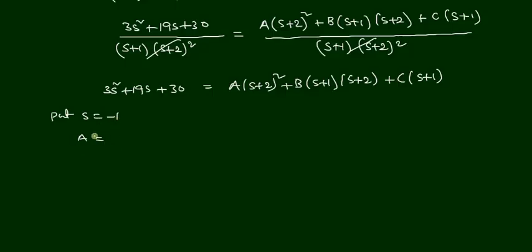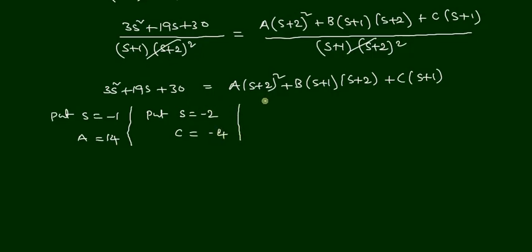So for the A value, we'll get here 14. Then put s equal to minus 2, so we'll get C equal to minus 4.